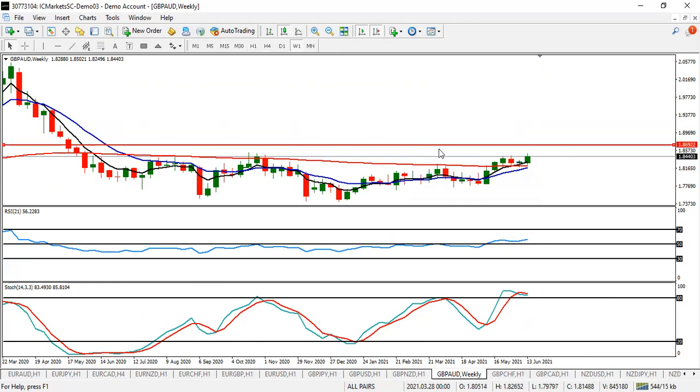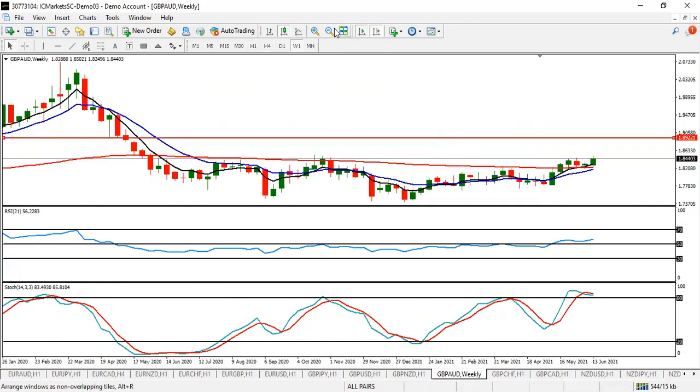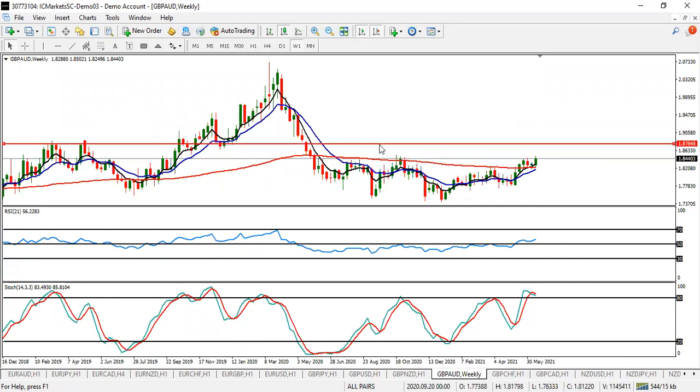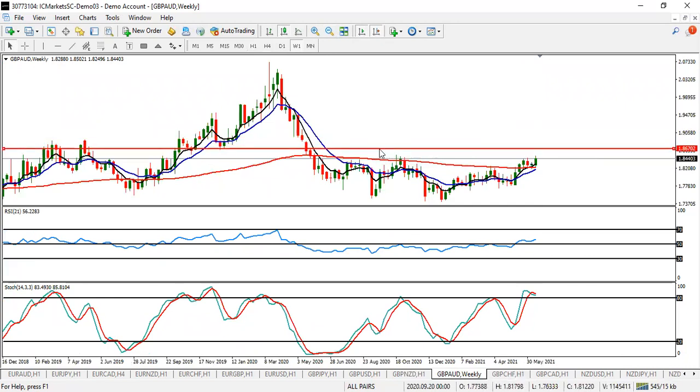During this coming week, the red resistance is our target, which is 1.8670, because GBP is not so strong.